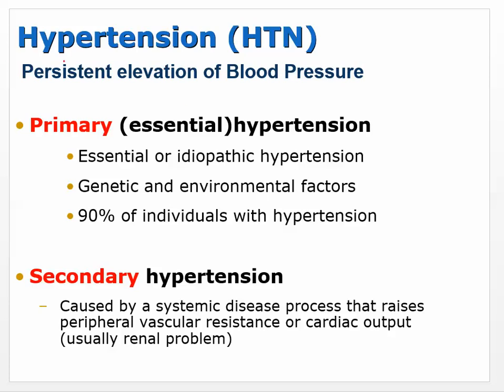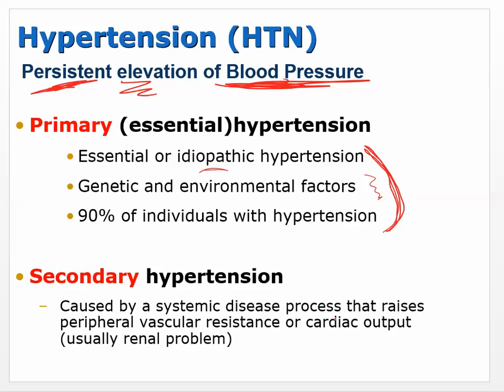Okay, so hypertension. So hypertension is a persistent elevation of blood pressure. Okay, so primary hypertension, essential or idiopathic hypertension. It's genetic, or so either we don't know what causes it. It's genetic, or it could be caused by environmental factors, and this consists of 90% of people with hypertension.